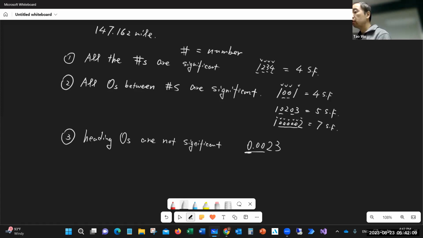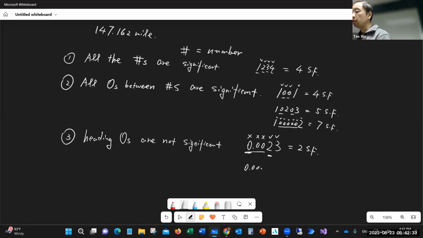The first number that shows in this is 2, so everything before that is heading zero, and heading zeros do not count as significant figures. So in this case, we only have 2 sig figs. It doesn't matter how many zeros come before; they are all not significant.